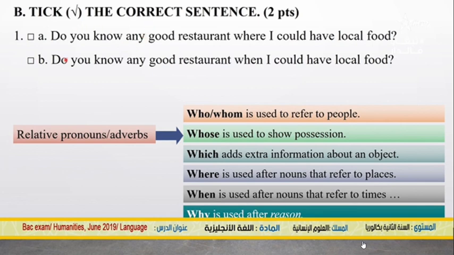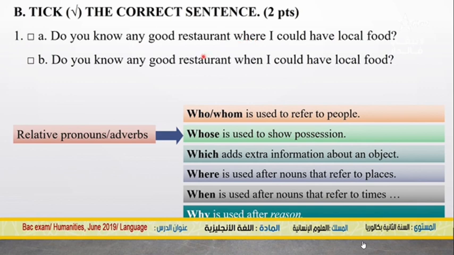So now let's read the sentence. Okay, again. Do you know any good restaurant where I could have local food? Restaurant is what? It is a place. Okay, so which one do you think we should be choosing, which one we should choose actually?